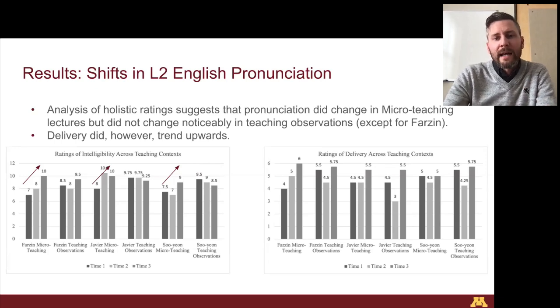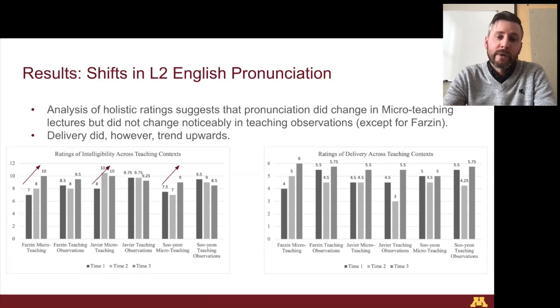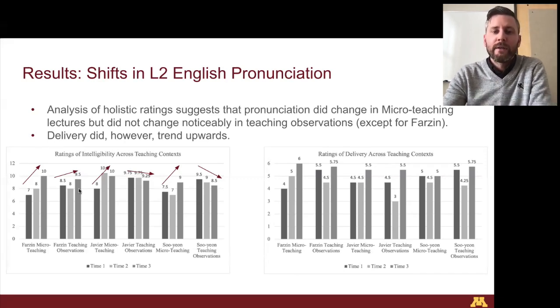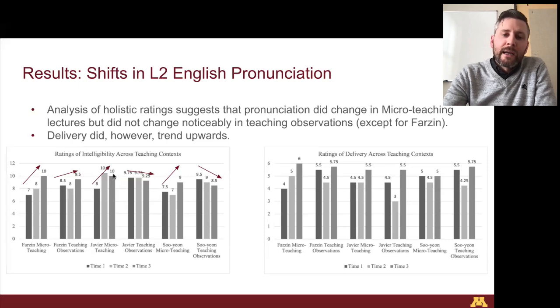However, if you look at how they were rated by the trained raters who are not in the ITA program, we see some increase for Farzan. We do see that increase from time 1 to time 3, her first teaching observation, and the third one that I recorded. But for the other 2 participants, there's more mixed results.